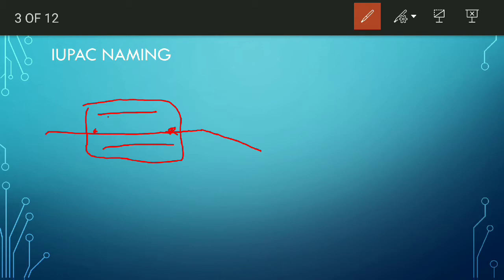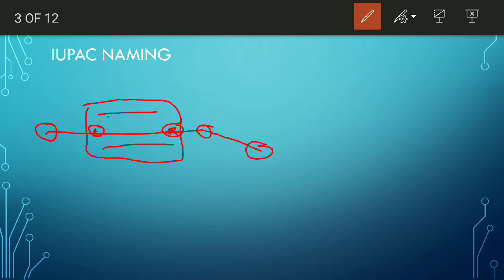Many people think there are only three carbons, that is one, two, three. But actually there are two more carbons. So this one you have to remember. Now let's name this compound.